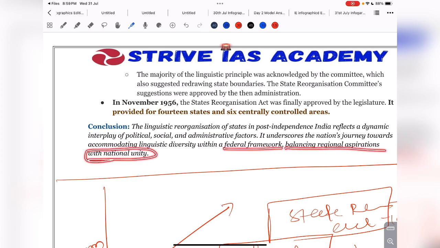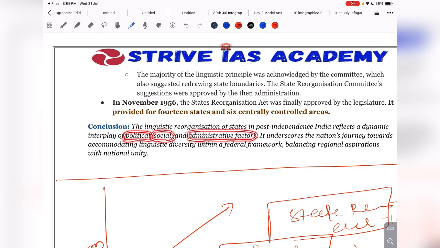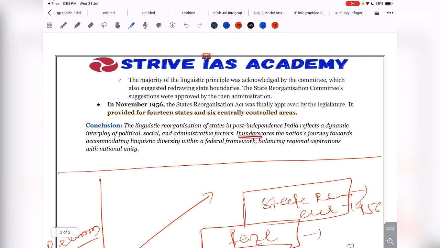Though on the face of it, it appeared to be a demand for creation of linguistic states, if you look deeper, there are political, social and administrative factors driving the creation of states on linguistic lines. So ultimately the journey of linguistic reorganization of states is based on balancing two interests: regional aspiration and national unity.